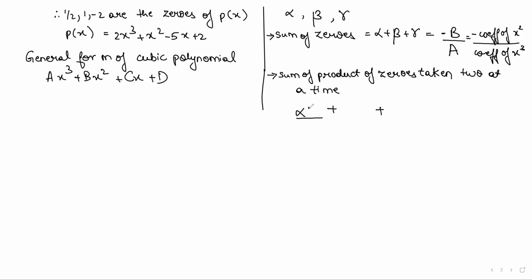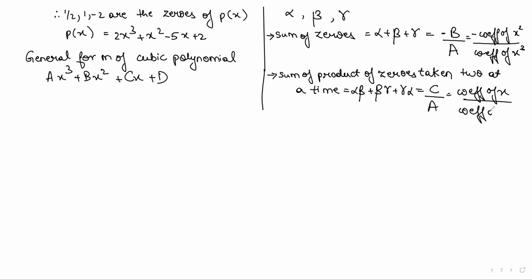So three products: alpha beta, beta gamma, and gamma alpha. This is said to be the sum of product of zeros taken two at a time. So let us write it over here. It is equal to alpha beta plus beta gamma plus gamma alpha. This value is equal to c upon a. C is the coefficient of x upon coefficient of x cubed.